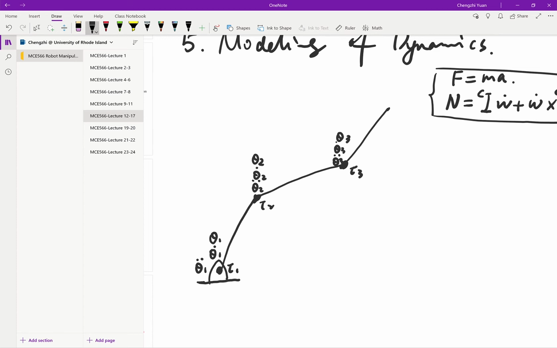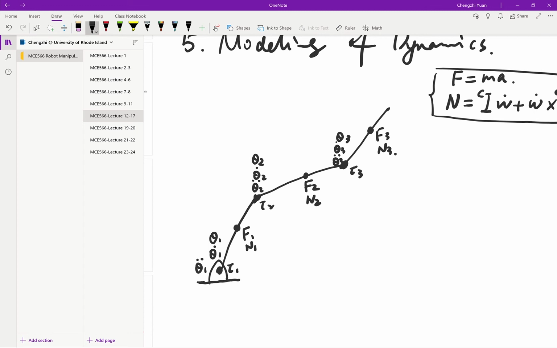For example, if you have the center of mass given here, and the center of mass of the second link is given here. The idea is that we are going to find out how much force F1, and how much inertia we have here, F2, F3 and N3.